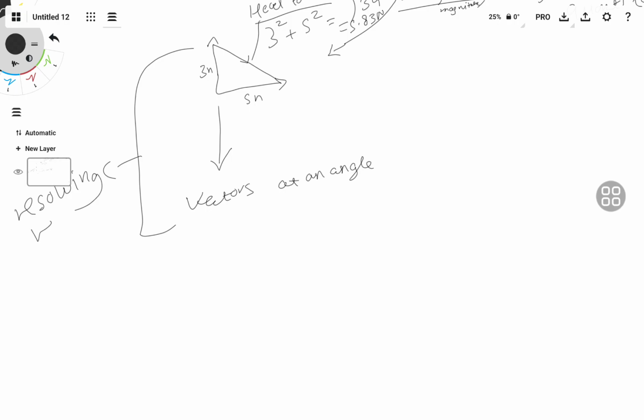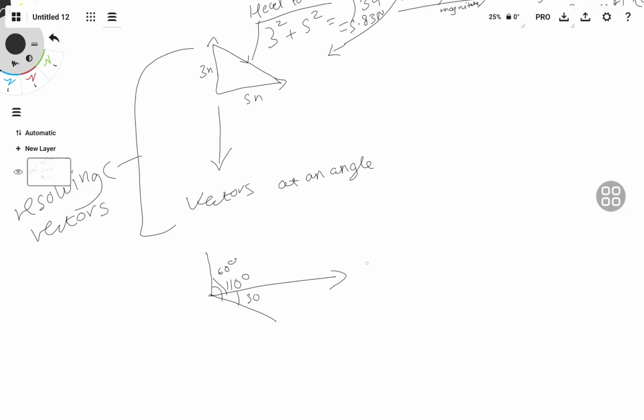It relates to resolving vectors at an angle, where let's say we have five, and a direction like this. Let's say it's 110 degrees. So we have a force acting like this. Let's say here it is 50 degrees and here it would be 60 degrees.